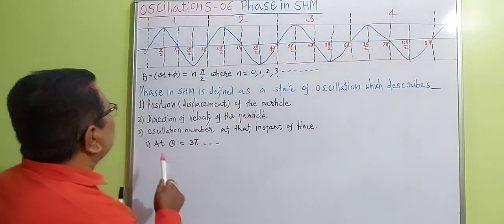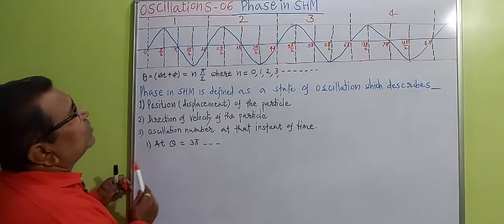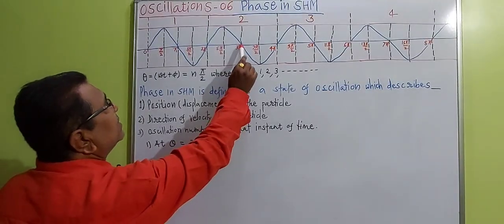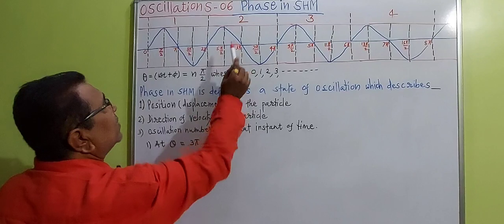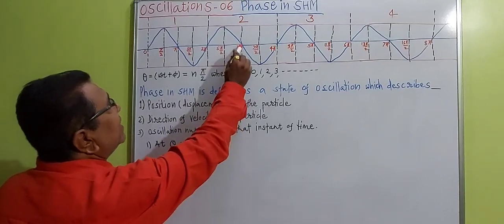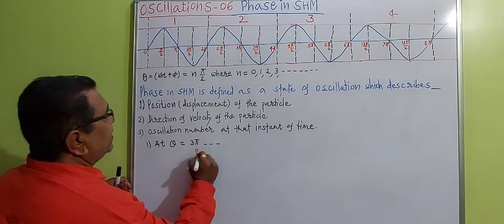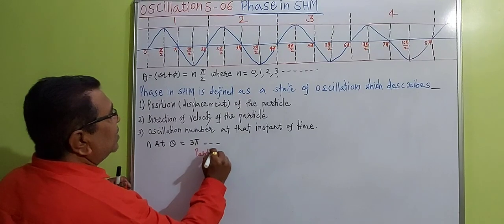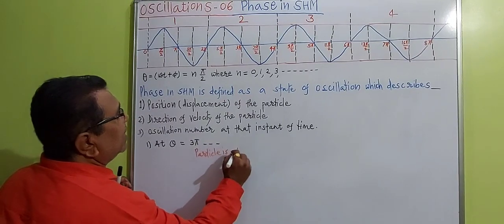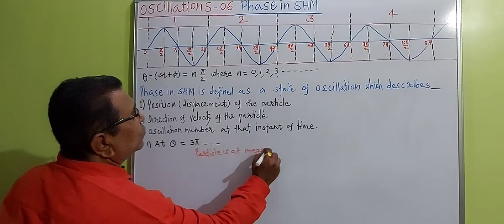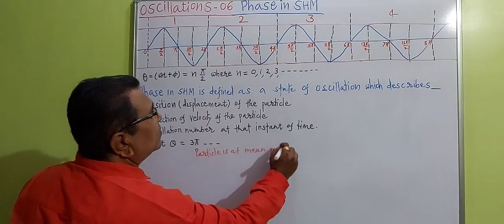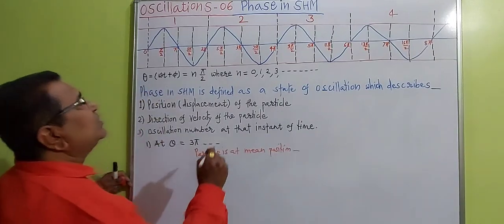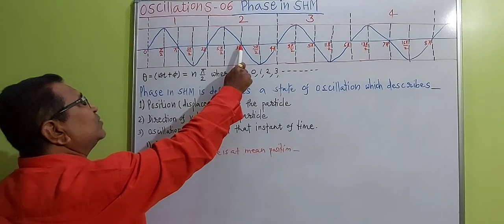Okay. Then see here. At theta equal to 3 pi, what happens? The particle is at mean position. That is the position of the particle.